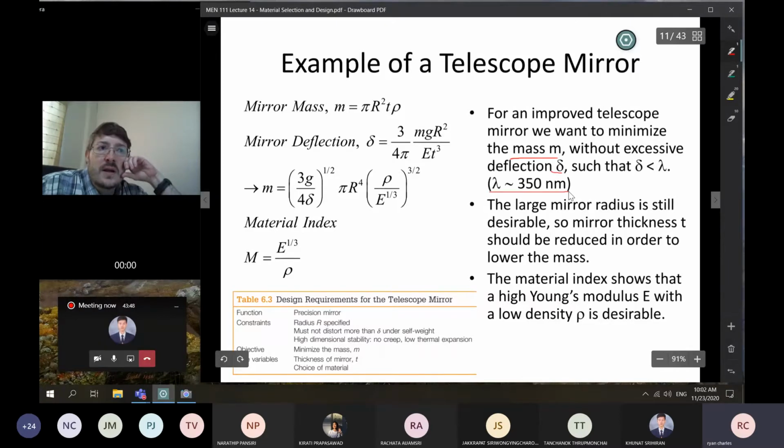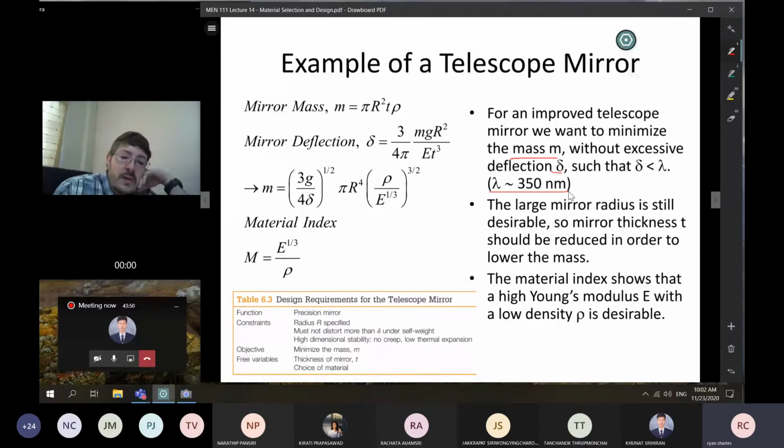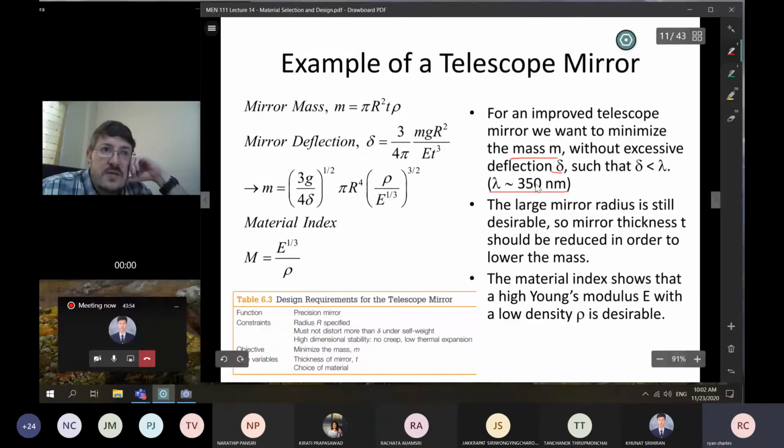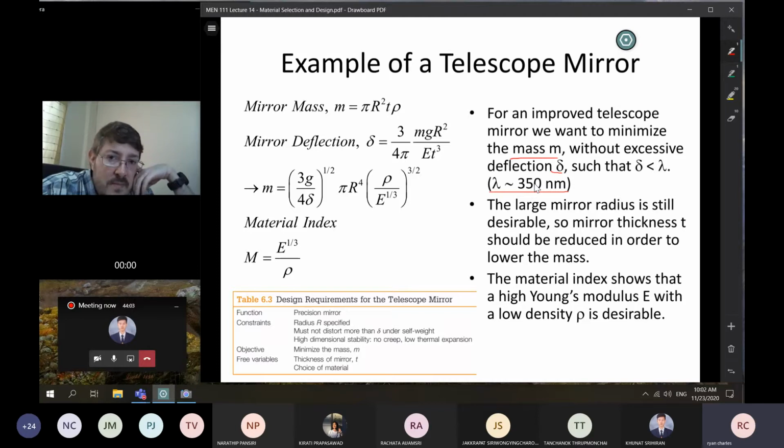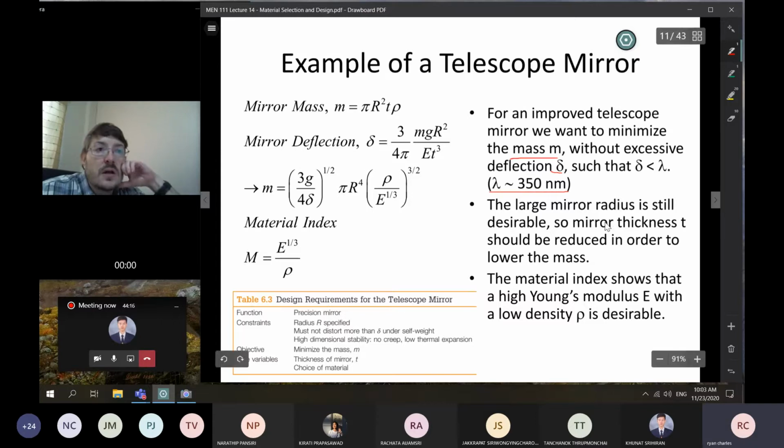Now, we know the wavelength of visible light goes from about 350 to about 750 nanometers. So we don't want it to deflect more than 350. We can have some deflection, but only a couple hundred nanometers, because beyond that, it's going to influence the visible focus. So a large mirror radius is still desirable.